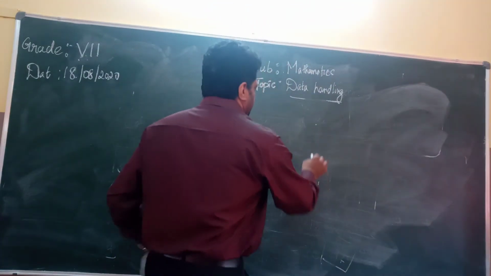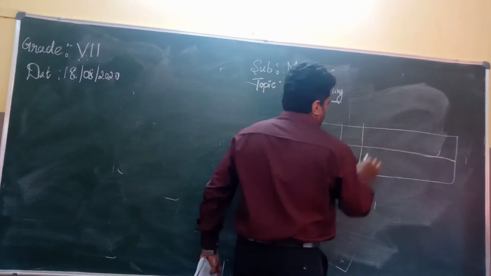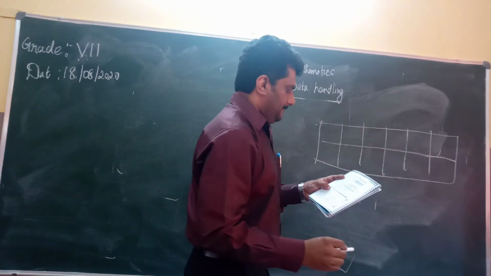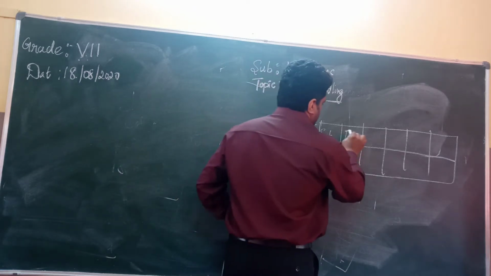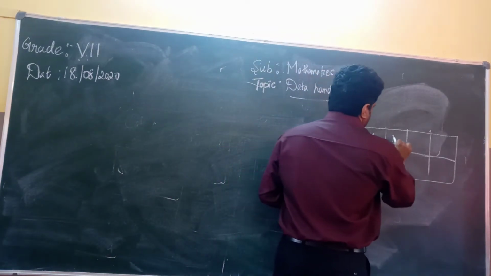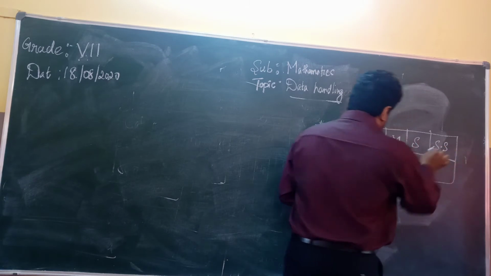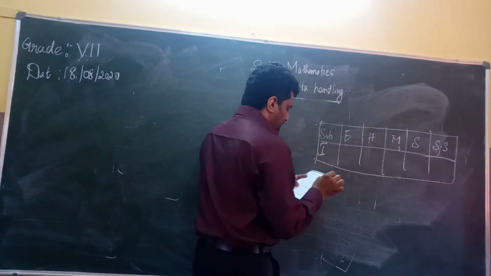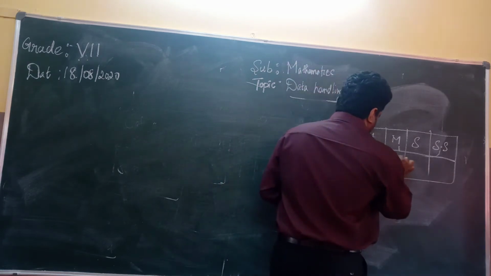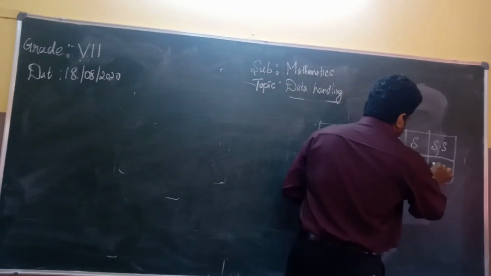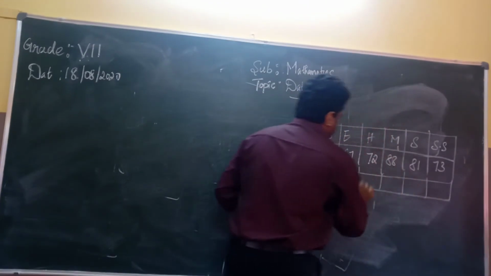Now what all the information they have given here is subject: English, Hindi, Maths, Science, Social Science. Now this is the first semester: 67, 72, 88, 81, 73. And there is one more for the second semester.